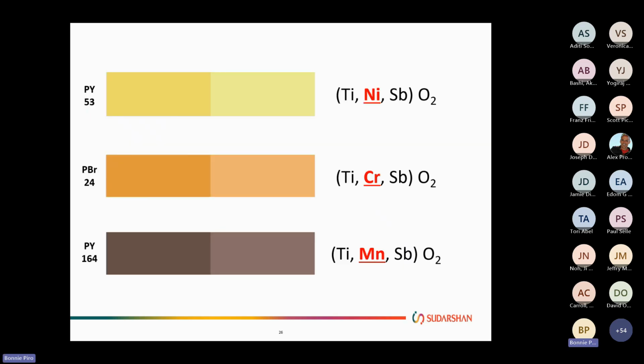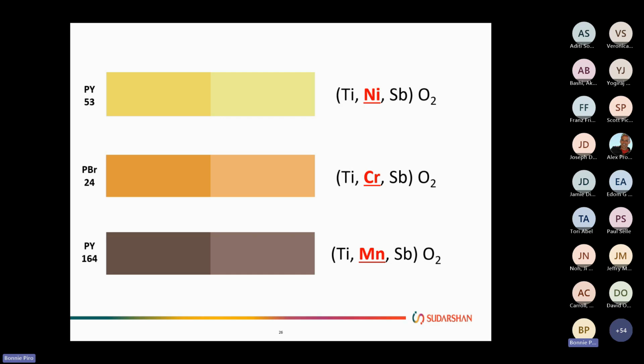To give you a feel for how to change the color via the metal ion, here's that example that I told you about. So we talked about Yellow 53, Brown 24, Yellow 164, but when you change out from nickel to chromium to manganese, you see how the shade shifts from a yellow to tan to brown.